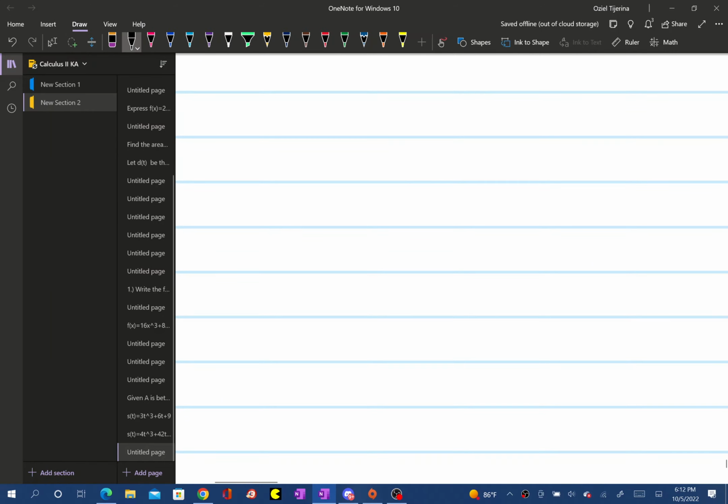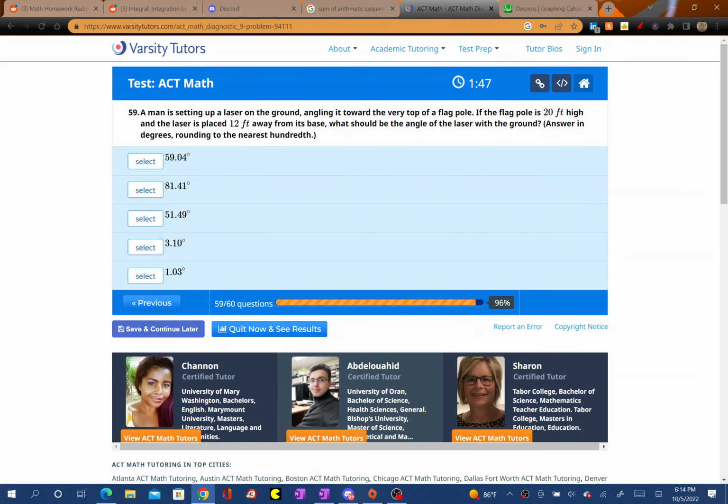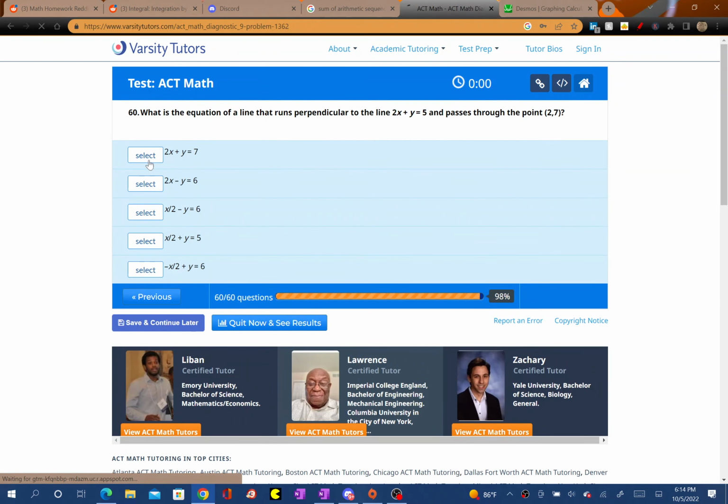And if we do tan inverse of 5 over 3, that'll give us about 59 degrees. So I think it's this one.